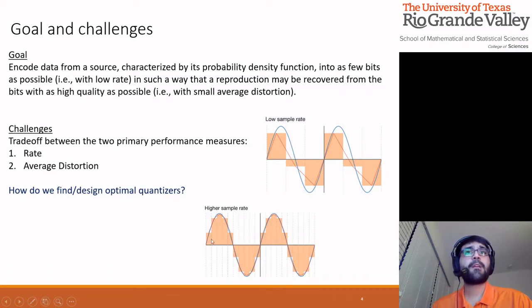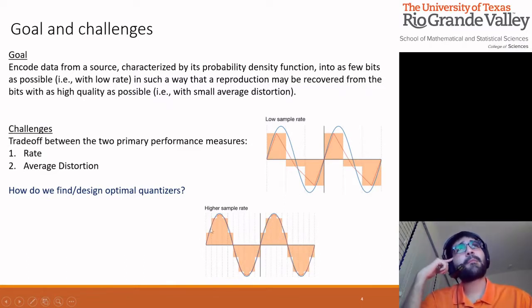Whenever you have smaller size in the delta, in this case, let's call it delta t, and we have more bits to represent the area under the curve, we preserve more information. So with higher sample rate, we have less distortion, and this is the trade-off that we want to achieve.